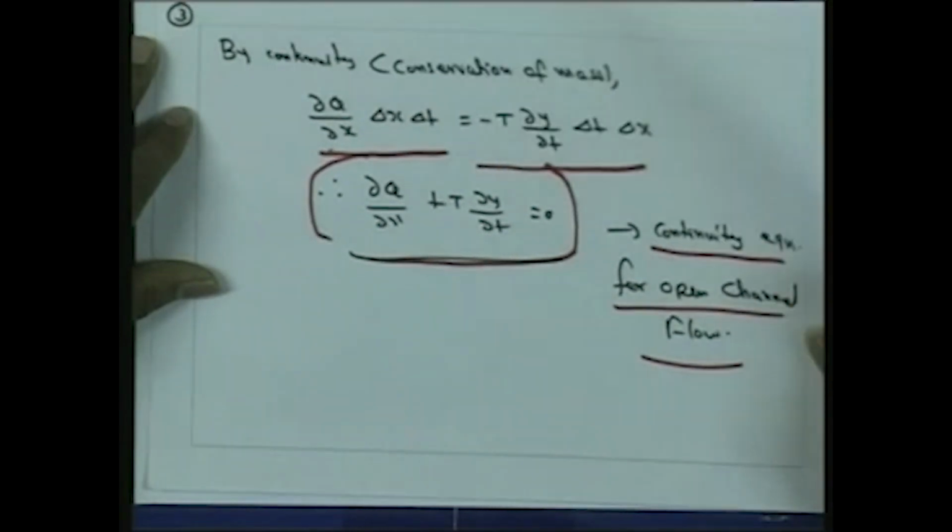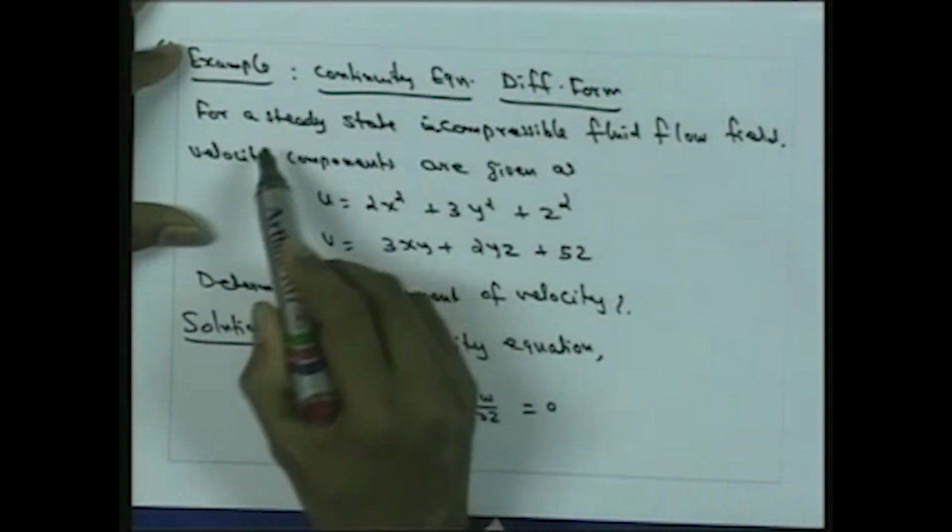open channel flow. So before proceeding to the potential flow, we will solve one more example with respect to the continuity equation, the differential form which we have derived here. So here the problem is for a steady state incompressible fluid flow.